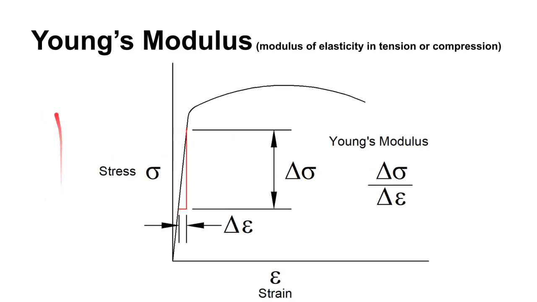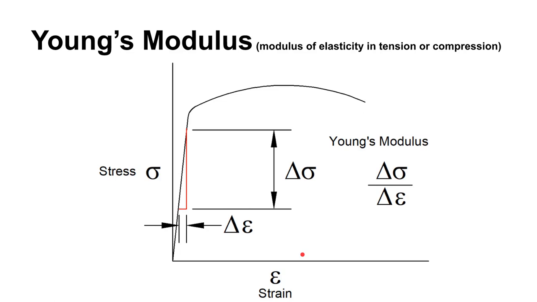Okay, so the modulus of elasticity for steel, for example, is going to be a pretty large number. We're going to have stress values divided by strain values, and these strain values are going to be so tiny that it's going to make this, which is already generally a big number, huge. So for steel, metric values would be something like 200 gigapascals.